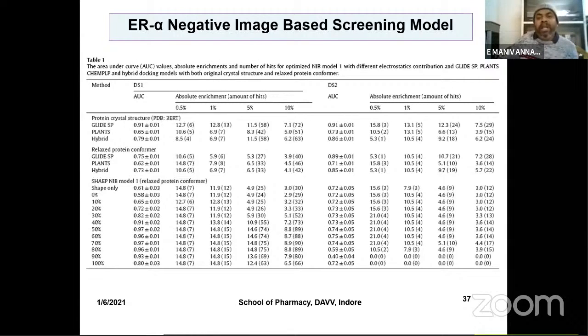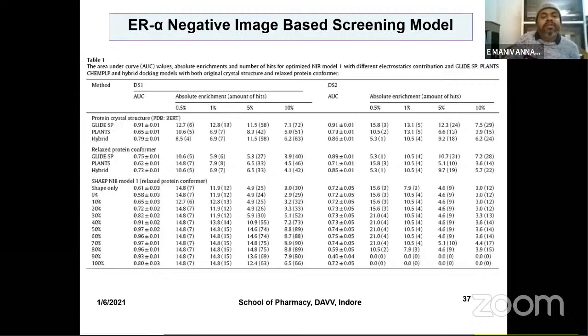Similarly, the same value was observed for dataset 2, that is the ZINC DUD-E set. Okay, so the first one is the static conformation, that is the original X-ray crystal conformation.